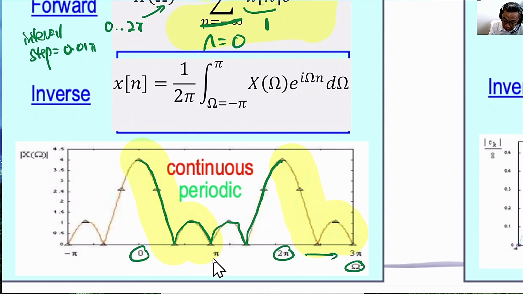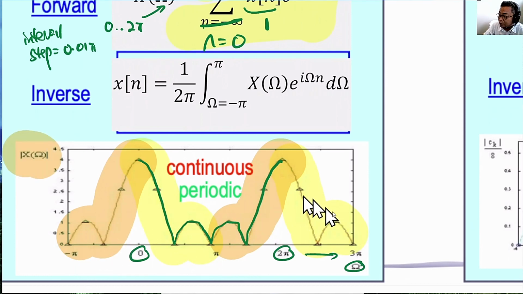What about going from 0 to minus pi? Well, let's shade it in orange now. 0 to minus pi is the same as from 2 pi to pi. So that is why we either plot from 0 to 2 pi or from minus pi to pi, because this X of omega is periodic with 2 pi.